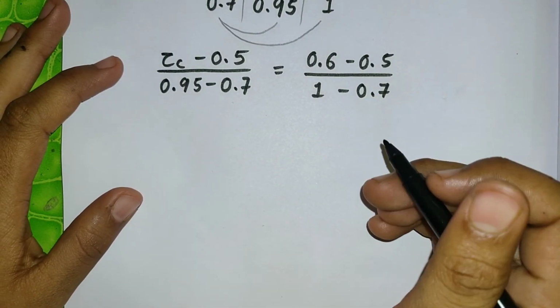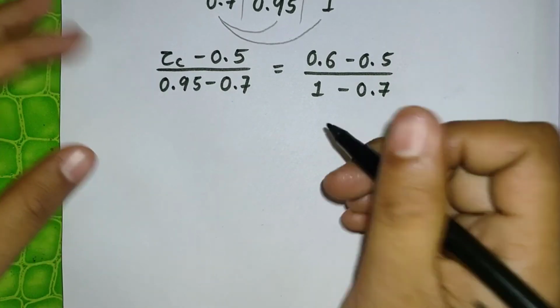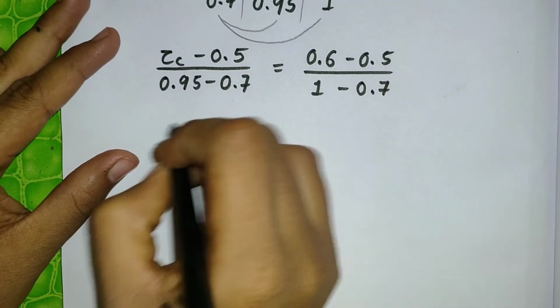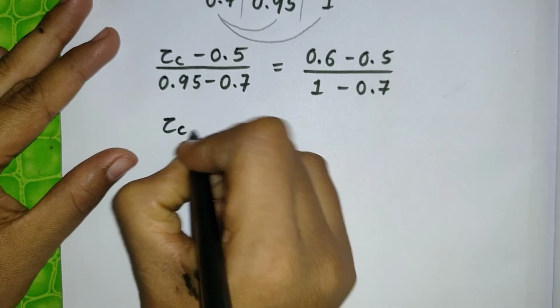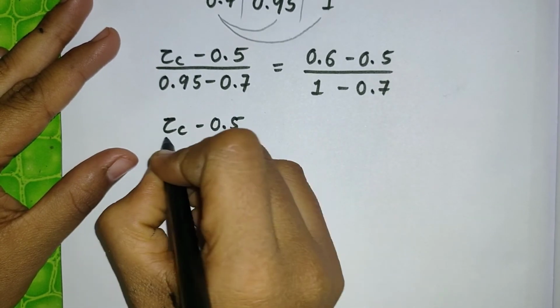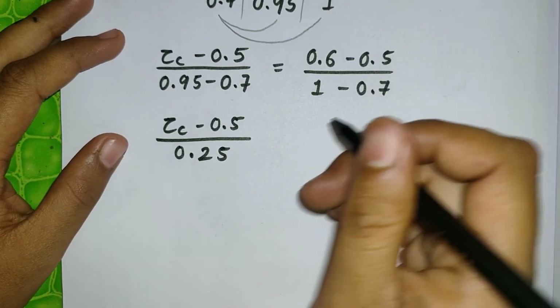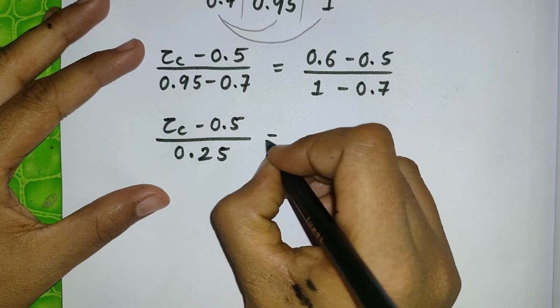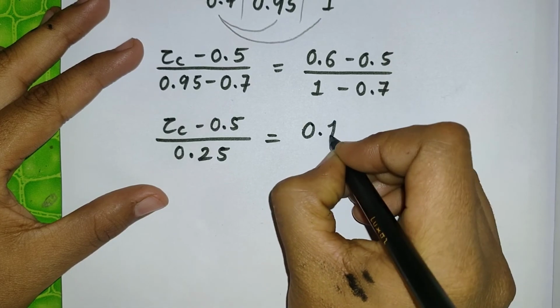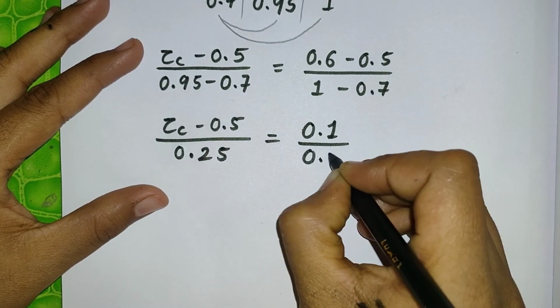So we get this equation. Let's solve it. So this will become tau c minus 0.5 divided by 0.25, since 0.95 minus 0.7 is 0.25, is equal to 0.1 divided by 0.3.